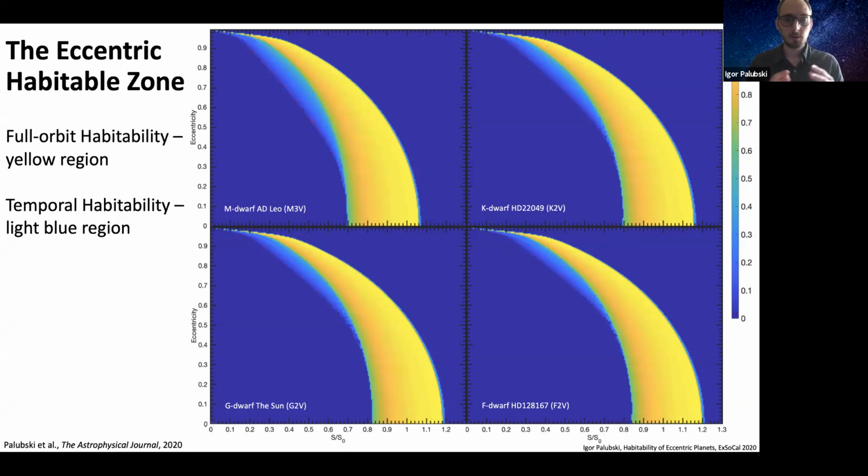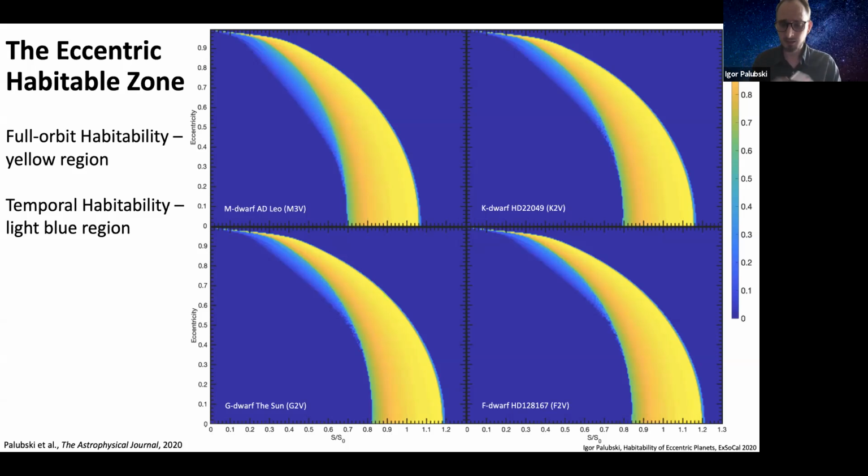Some of the quickest observations we can make here are, as one might expect, that the region of full orbit habitability shrinks with increasing eccentricity, due to the stronger radiative forcing that we see with increasing eccentricity. That shrinkage is compensated by the emergence of this temporarily habitable zone at higher eccentricities, especially in the case of the M dwarf planets.